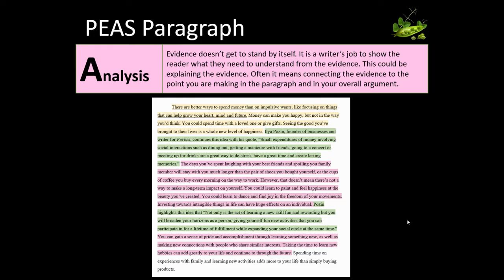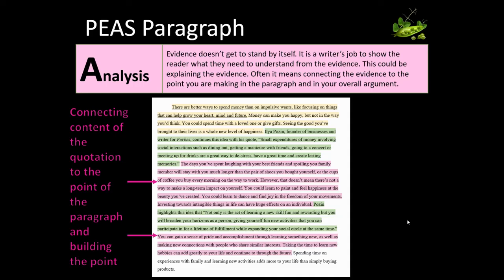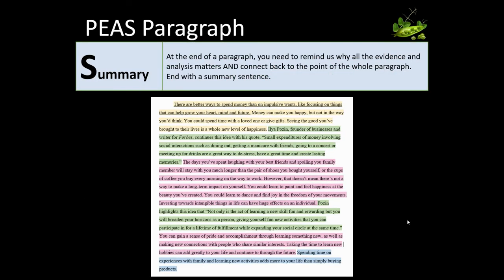And you'll notice, because we had two pieces of evidence, we had to have two pieces of analysis. Their analysis is both connecting the quotation to the larger point that they were making, and then they use that evidence to build onto the point.